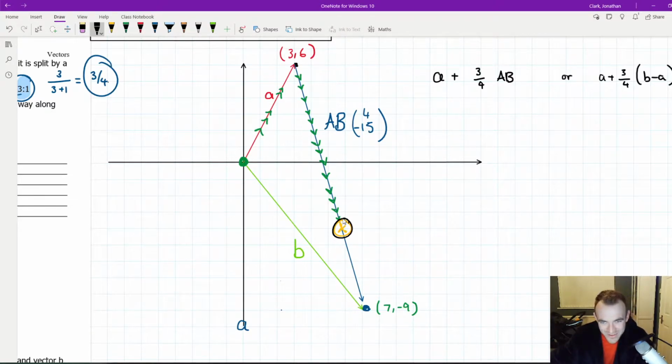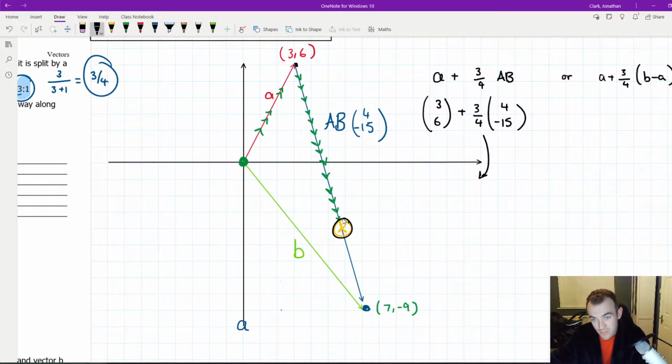So the vector A is from the origin. You've gone 3 across and 6 up. And the vector AB is 4 across and 15 down. The 3/4 of 4 is 3. 3/4 of minus 15 is minus 45 over 4.